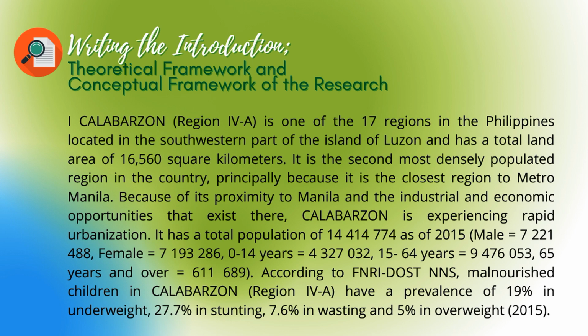According to FNRI-NNS, malnourished children in Calabarzon, Region 4A, have a prevalence of 19% in underweight, 27.7% in stunting, 7.6% in wasting and 5% in overweight, 2015.